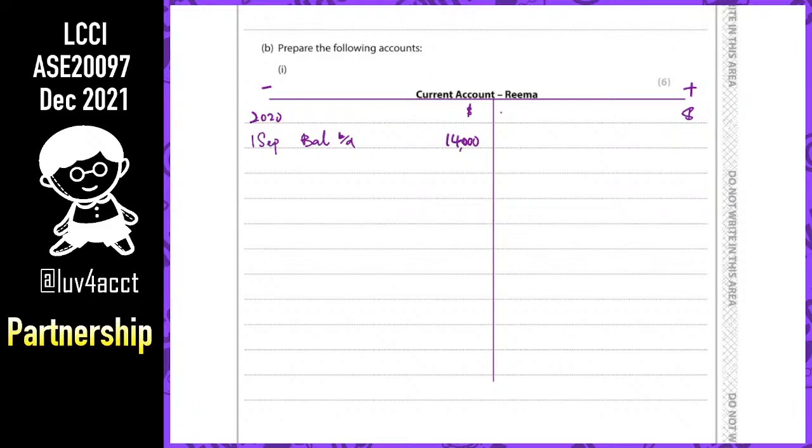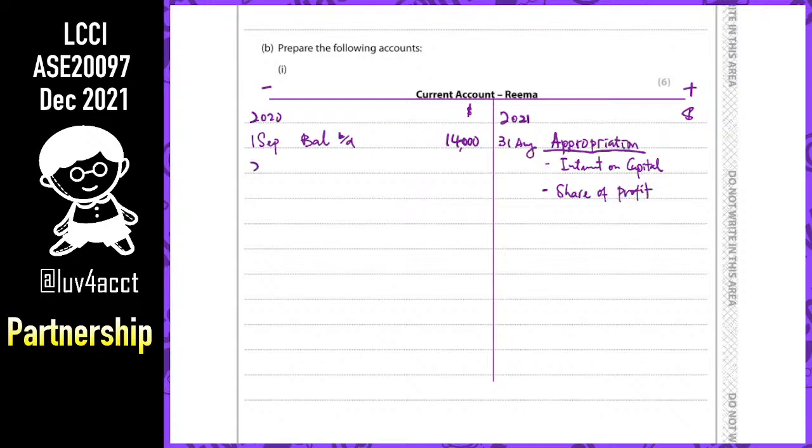So during the year we have appropriations, right? On 31st August, this is from the appropriation account. From this we have interest on capital, which is an addition, and also share of profit.